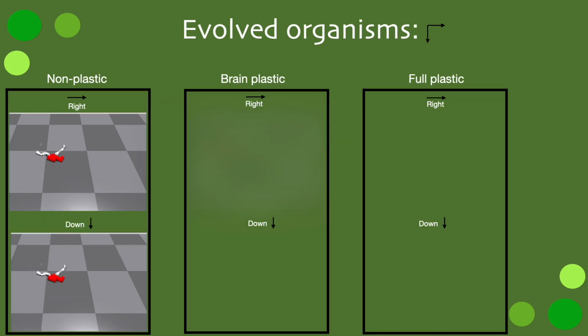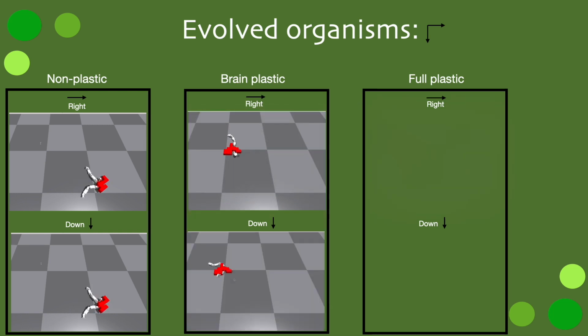Nevertheless, when the desired behavior is displacing right and down, non-plastic organisms succeeded by displacing diagonally. And though plastic robots displace more precisely to the desired directions, on average, they are as good as non-plastic organisms.